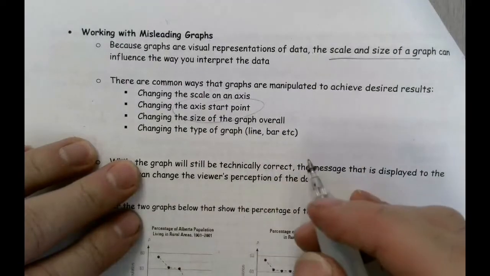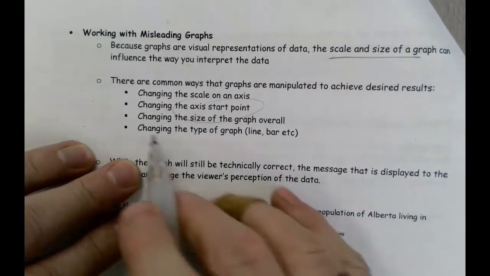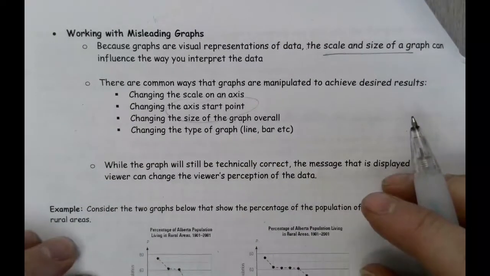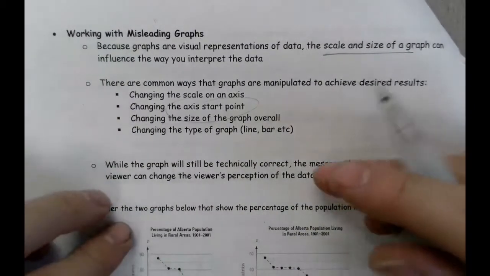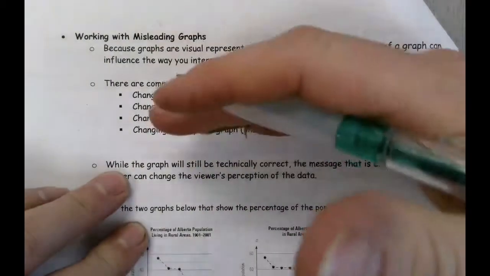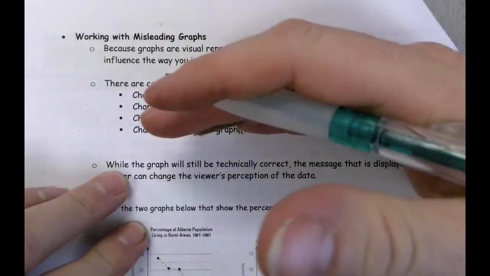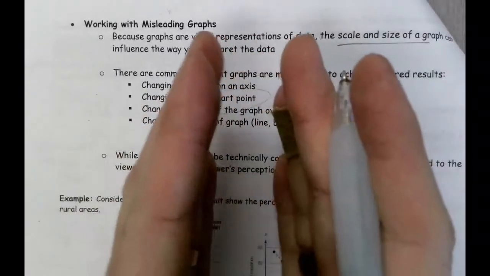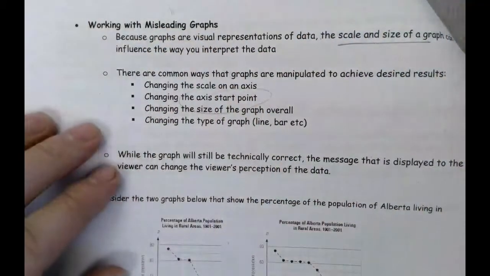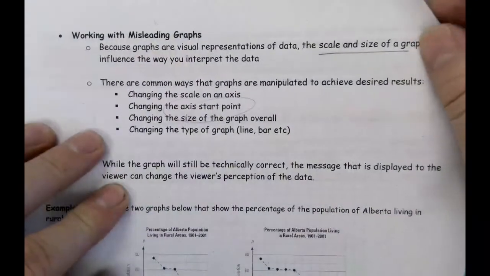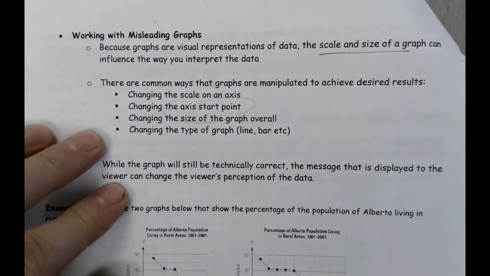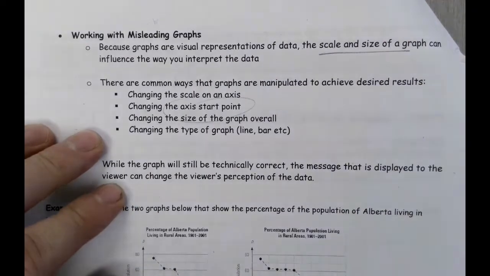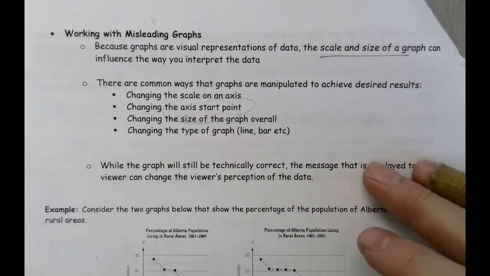Changing the size of the graph overall. Changing the type of graph, maybe from a line graph to a bar graph. Sometimes how high up a bar goes is important. That's where you're reading the material. Sometimes people will adjust the width of the bar because the width also communicates some information to people, or even if that's not where the specific information is coming from, that still influences the way people read the graph.